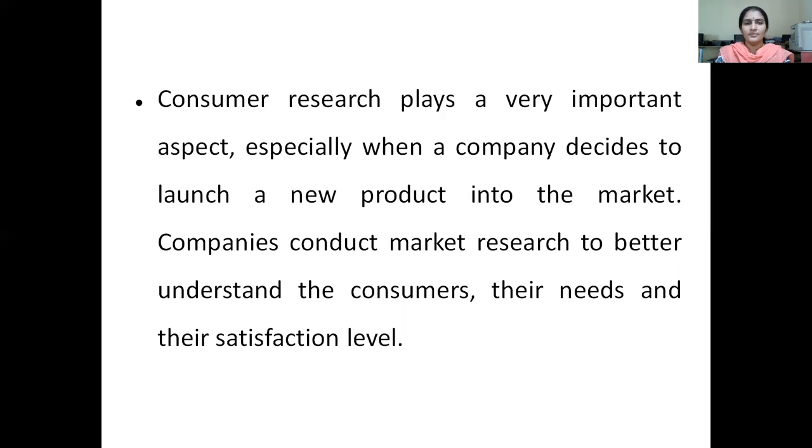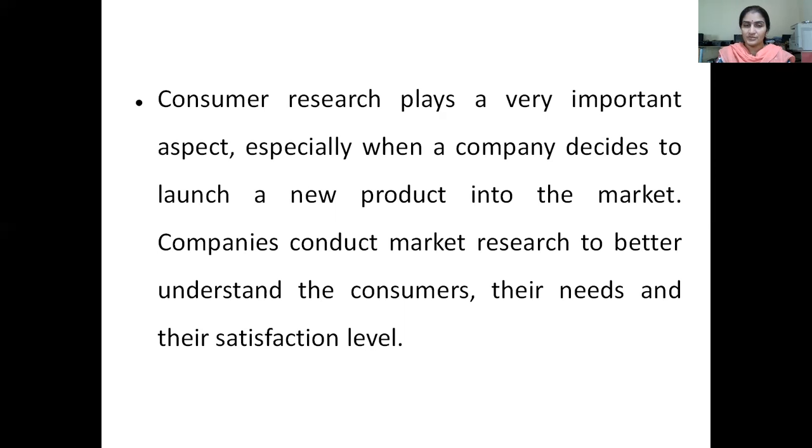So various companies conduct this market research to understand the consumers, their needs and their satisfaction level. So what are the available consumer needs? Within those available needs, how best can I develop a new product which will be targeted to satisfy those consumer needs?